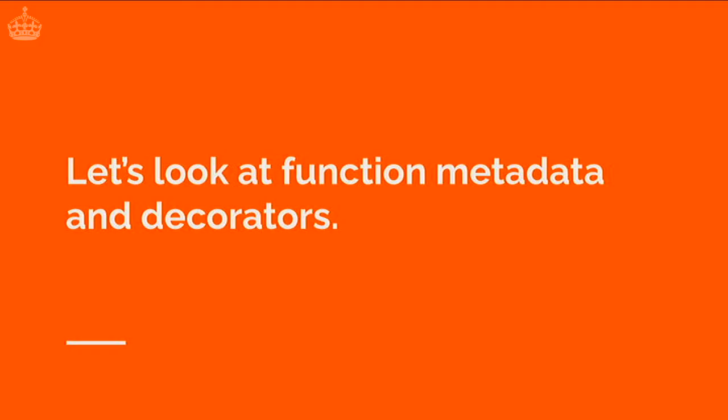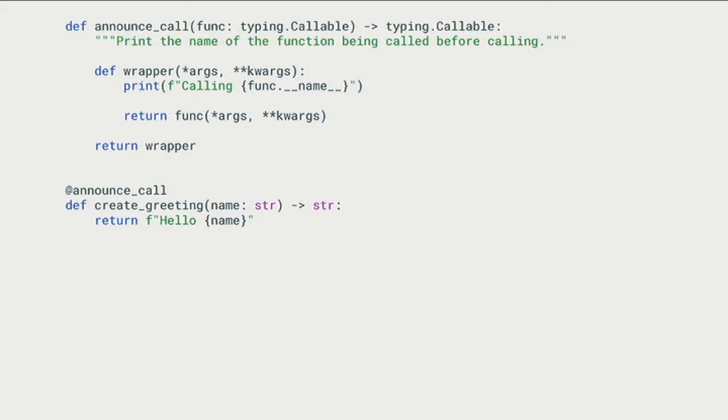Still. So let's look at some of the function metadata and how that pertains to decorators themselves. So I'm writing a decorator now. This is called announce call. And all this is going to do is, just before it runs my main function, or the function that it's decorating, it's going to say, hey, I'm about to call whatever the name of that function is. We're using that dunder name there, and f-strings as well.